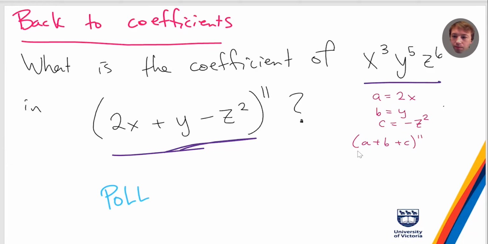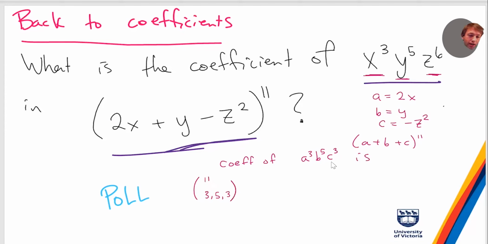And the thing I'm looking for is x cubed y to the 5 z to the 6, which is the coefficient when you've got a cubed, b to the 5, and c cubed. So the coefficient of a cubed, b to the 5, c cubed is 11 choose 3, 5, 3.